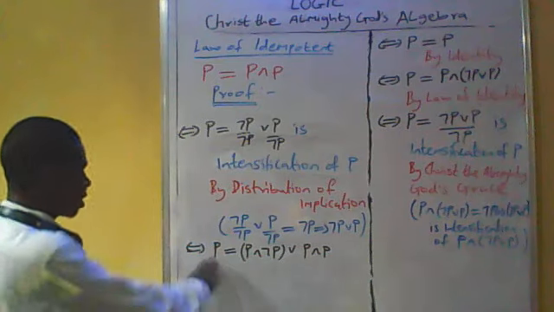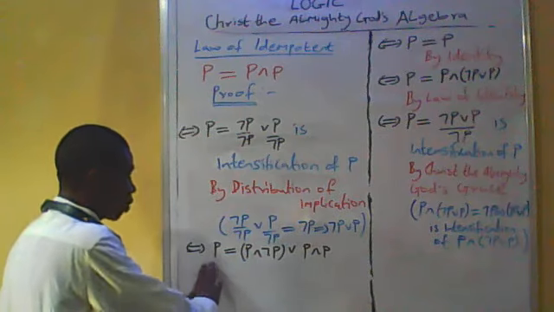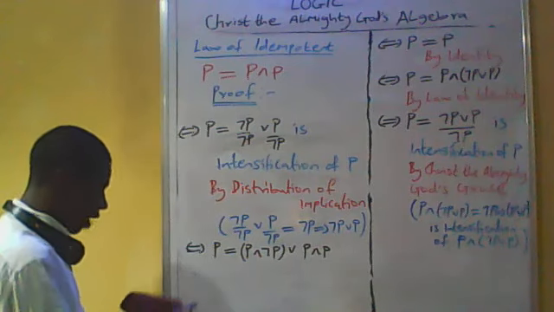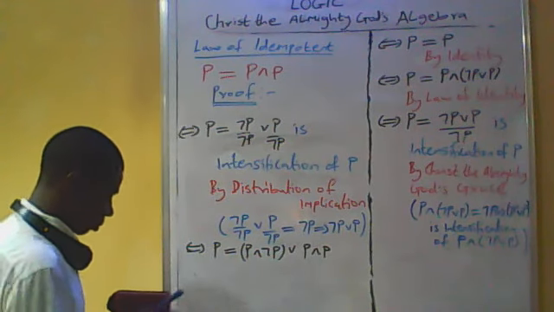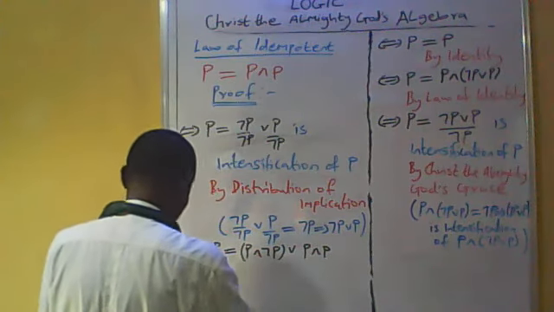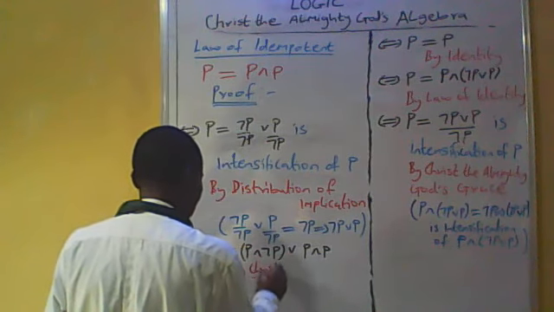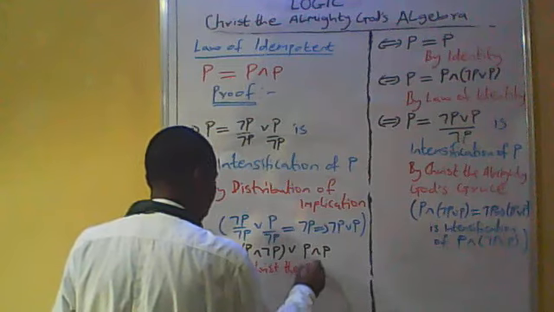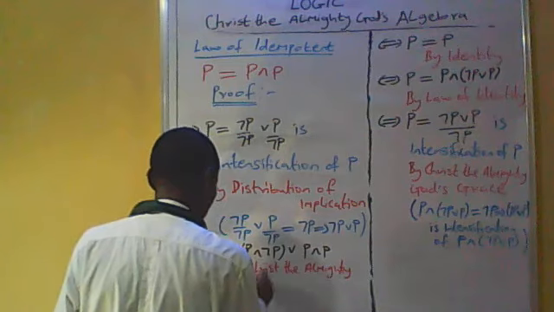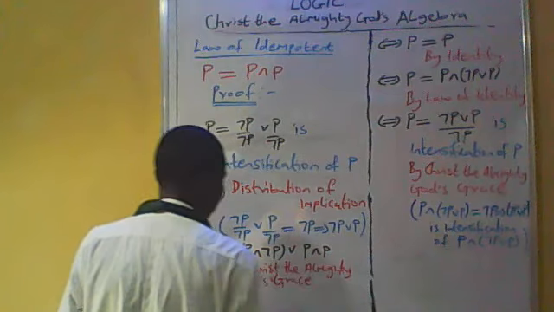You see that this equation now, they are now logically equivalent because the left hand of the equation is equal to the right hand of the equation. So, being justified by God's grace.